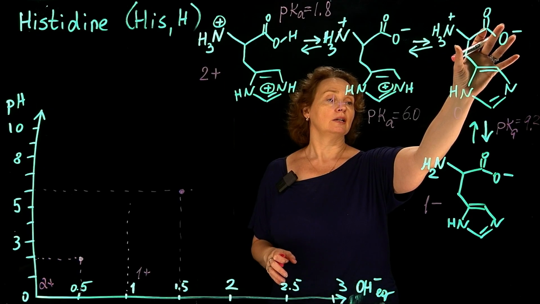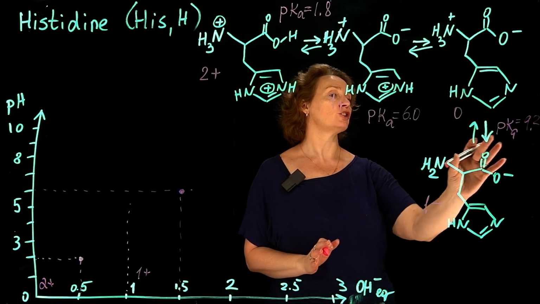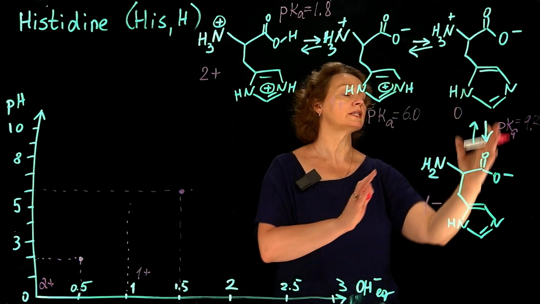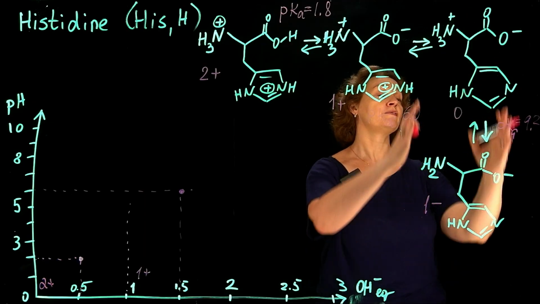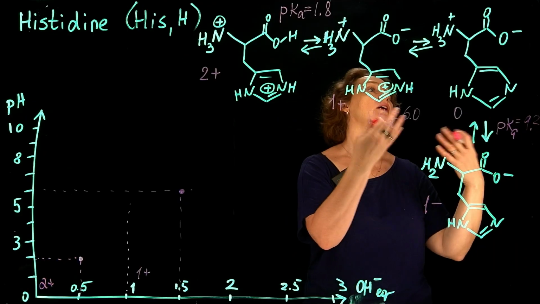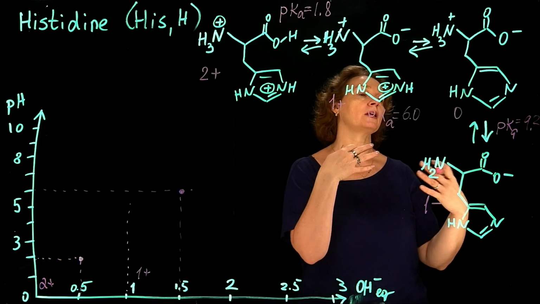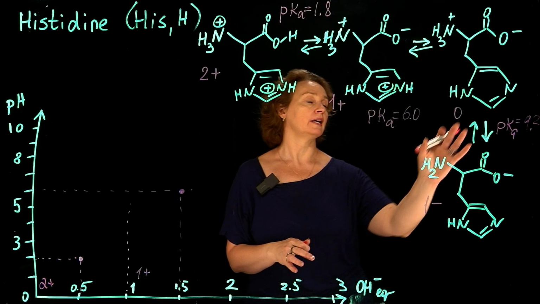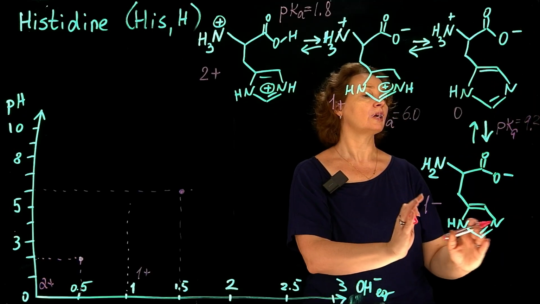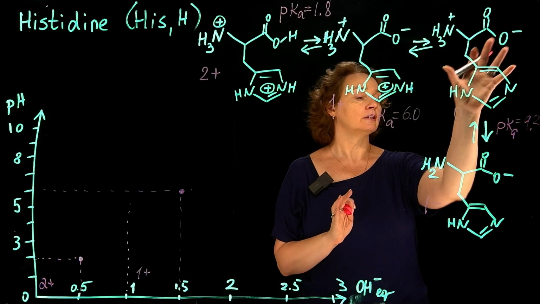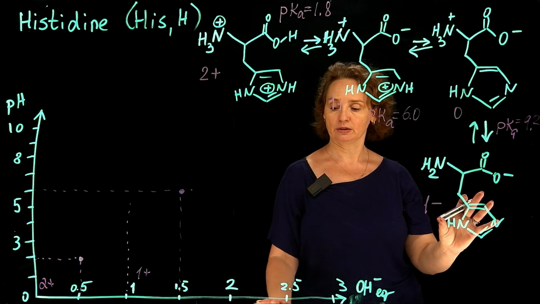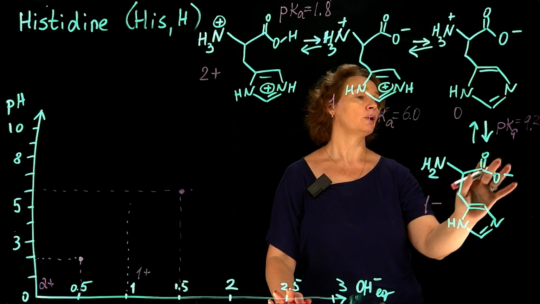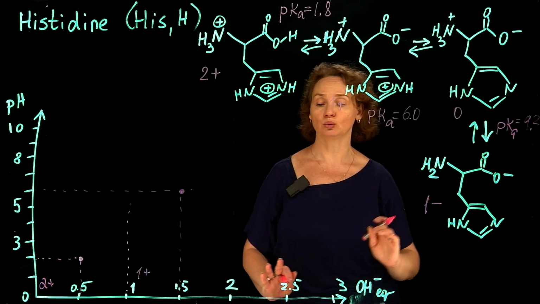And finally, if our pH is higher than the pKa of the side chain, the last, third dissociation step starts to become significant. Looking at this equilibrium, another midpoint at 2.5 equivalents is achieved when pH is equal to pKa.